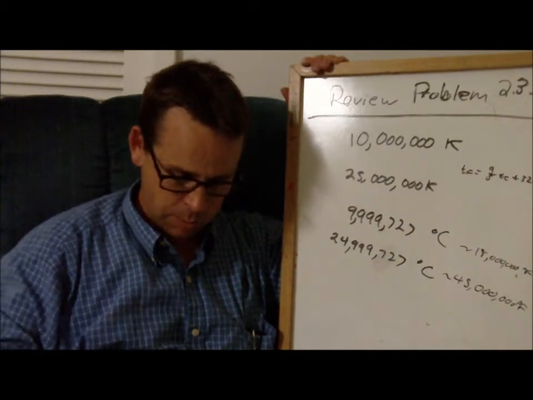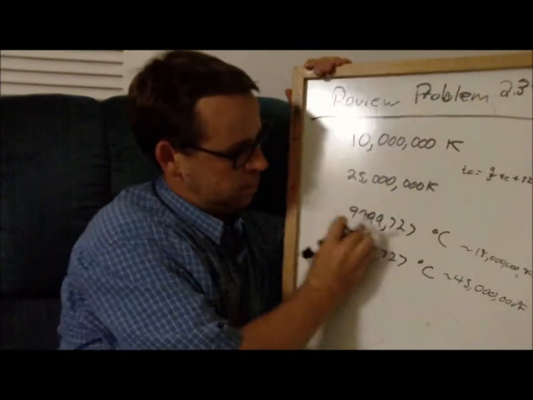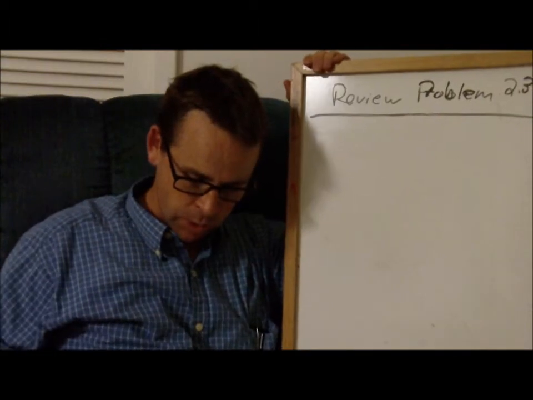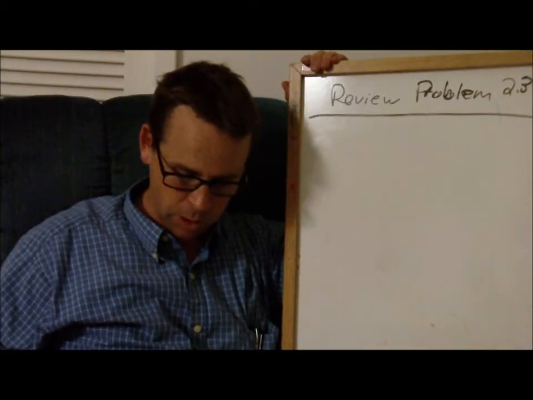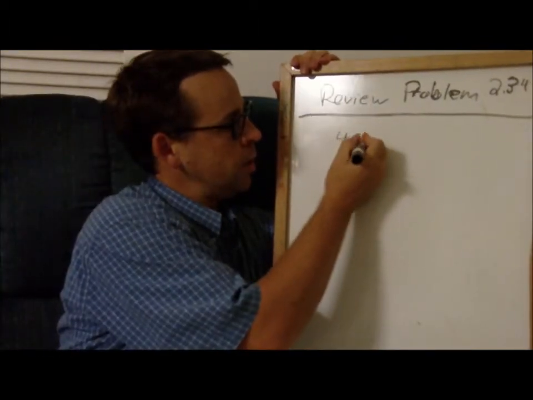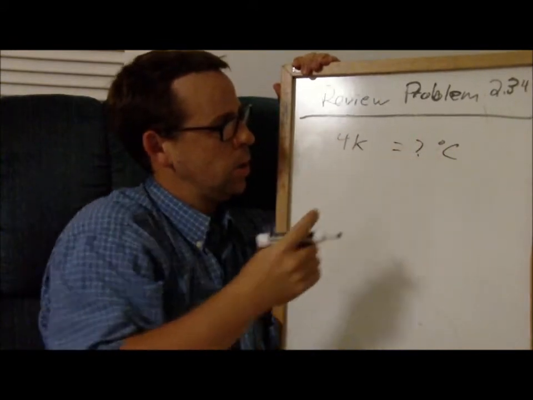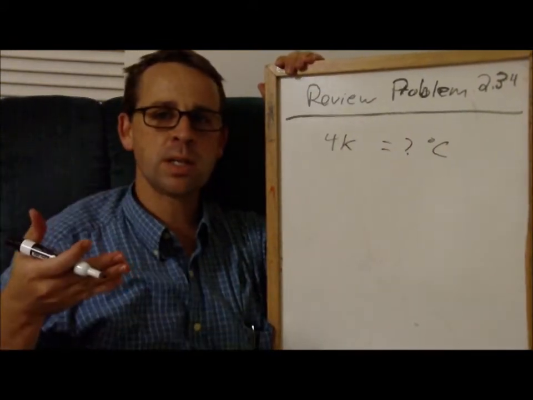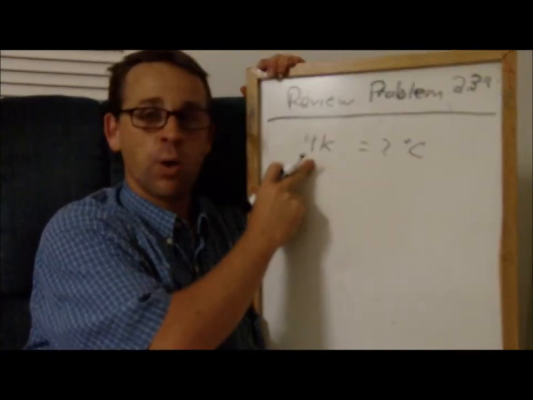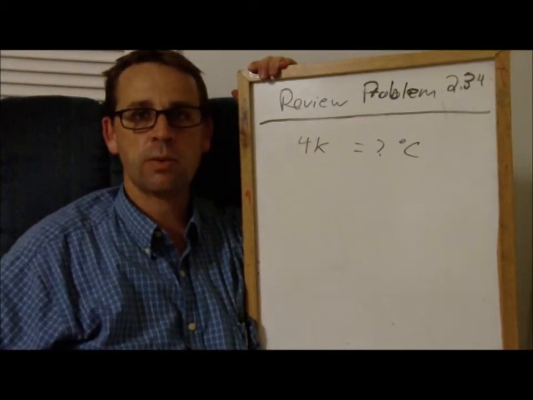So now we're on 234. Helium has the lowest boiling point of any liquid. It boils at 4 Kelvin. What's the boiling point in degrees Celsius? So again, if we have degrees Celsius and we want to go to Kelvin, we add 273. If we have Kelvin and we want to go to degrees Celsius, we subtract 273.